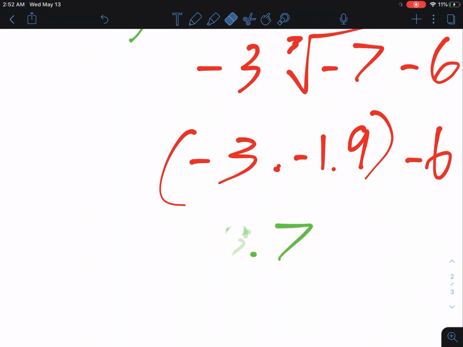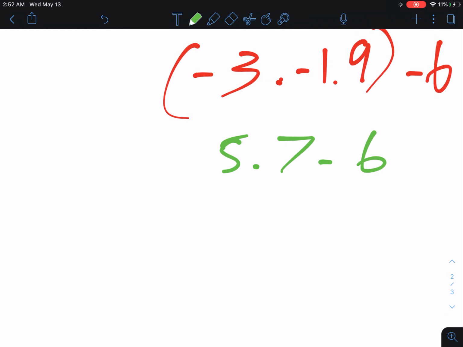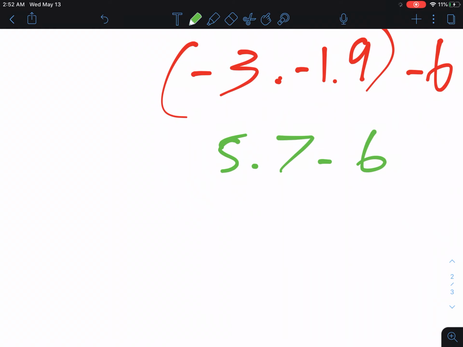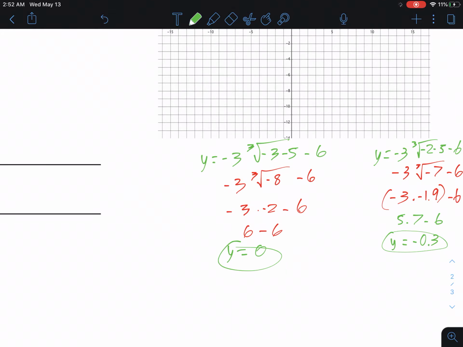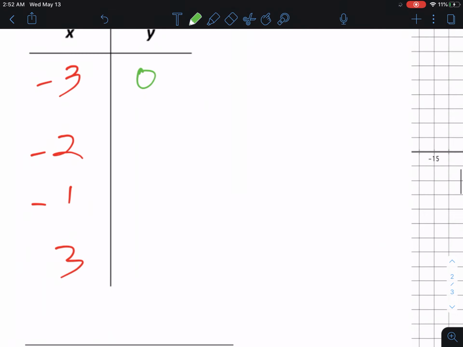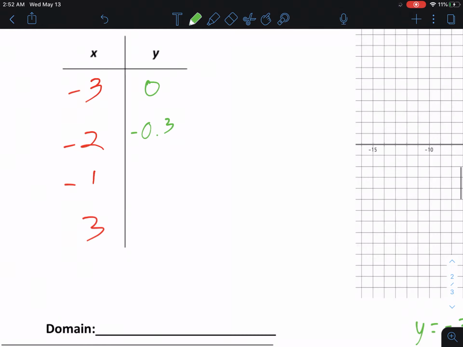And it's positive because negative times negative equals a positive. So we do 5.7 minus 6, and that would get us to negative 0.3. So the answer is y equals negative 0.3. So our y point here is negative 0.3.